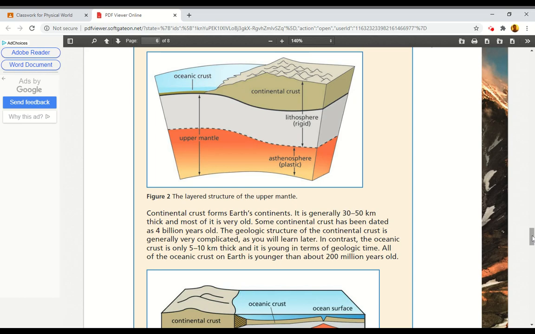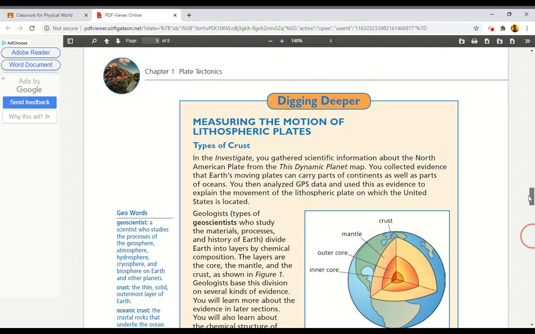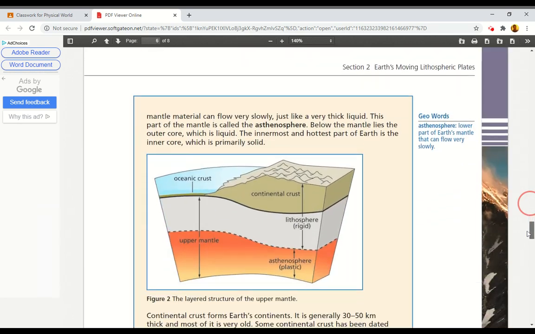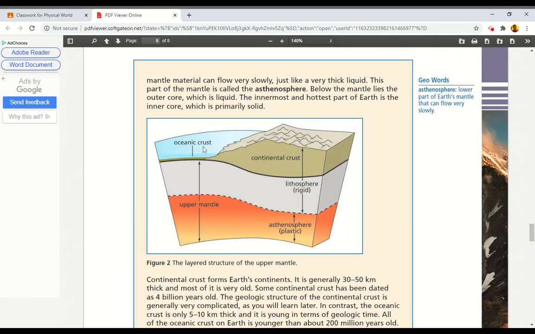So let me go back to these two diagrams. This is a diagram showing the layered structure of Earth's interior, where you have the crust, the mantle, the outer core, and the inner core. This diagram shows the layered structure of the upper mantle.